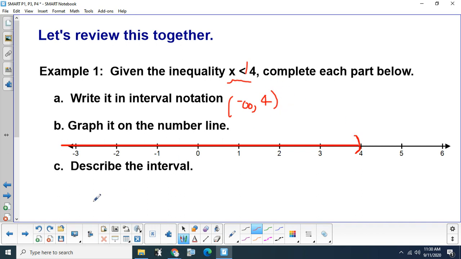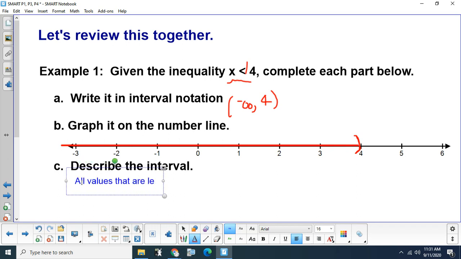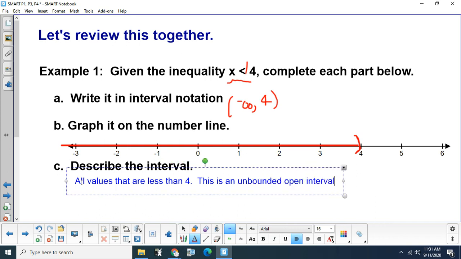If I were describing this interval using words, I would say that it includes all values that are less than 4. This is an unbounded open interval.